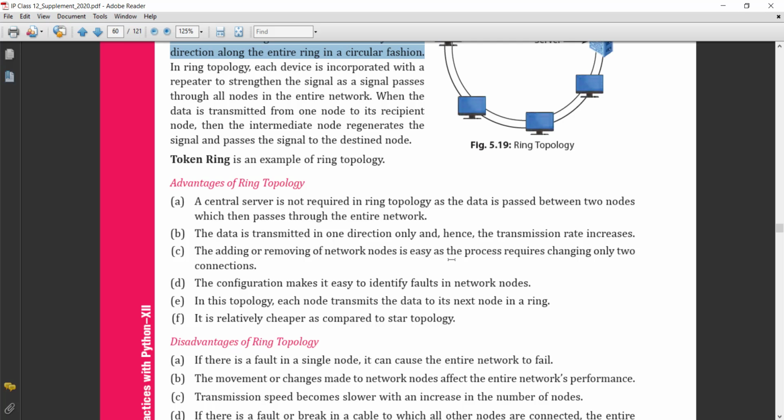The configuration makes it easy to identify faults in nodes. In this topology, each node transmits the data to its next node in a ring formation. It is relatively cheaper compared to the star topology. If we compare with the star, it is so cheap. So these are the advantages.